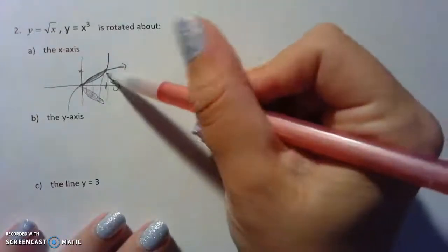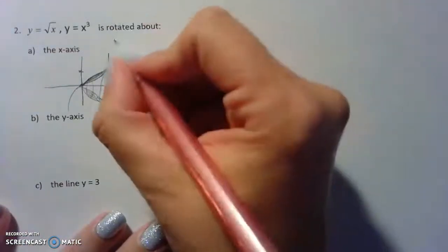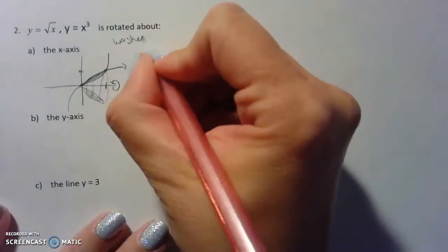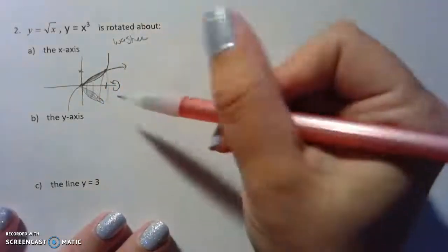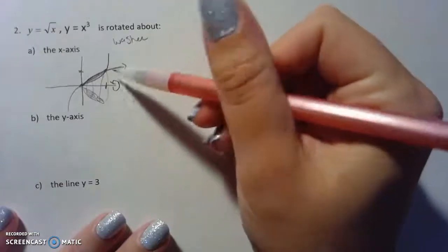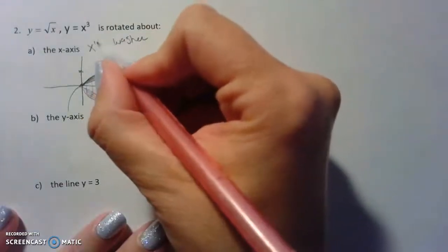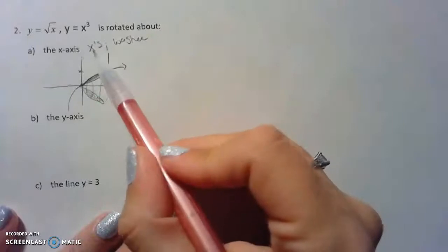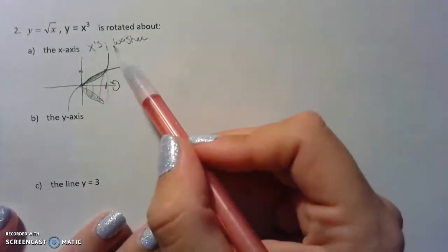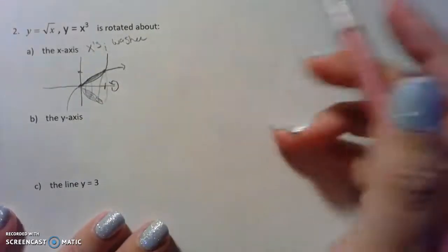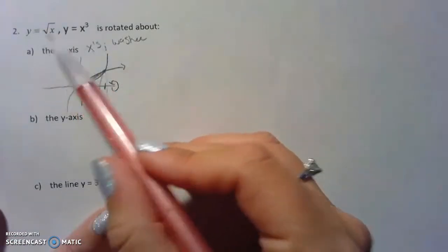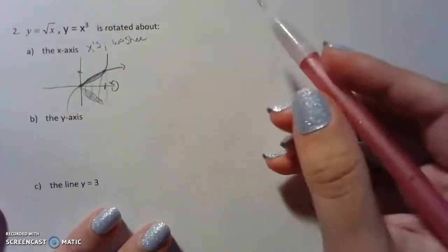Okay, because it's an open space, that should be telling us that we're going to be using a washer method. We're rotating this horizontally, so that means we're going to be using x's. So that means we don't have to change any equation at all. No equation changing, because these are already y equals something in terms of x.